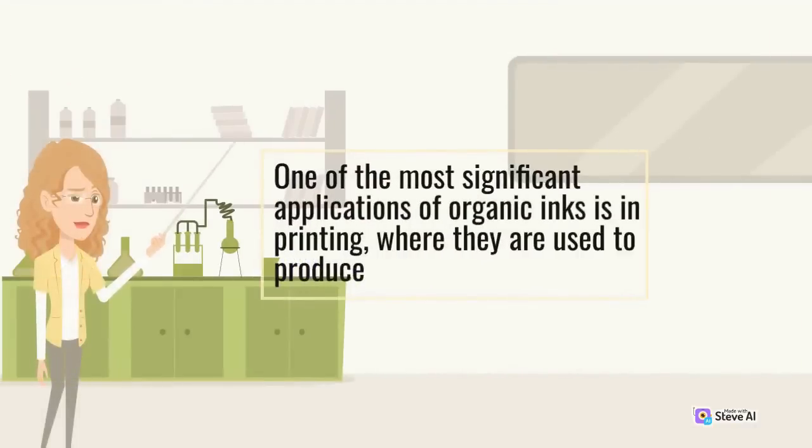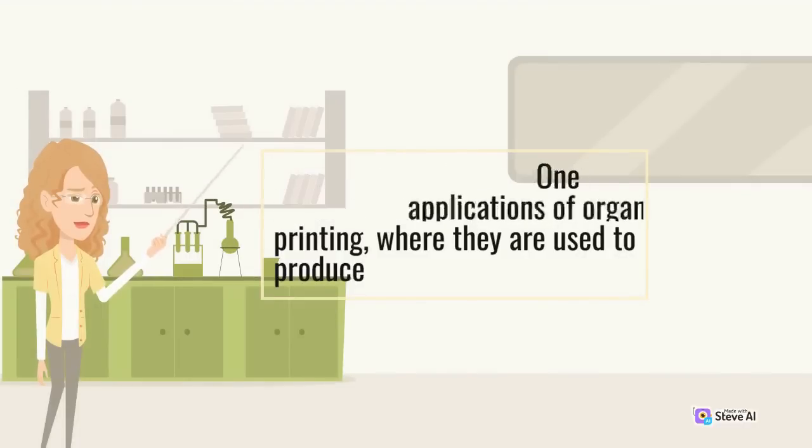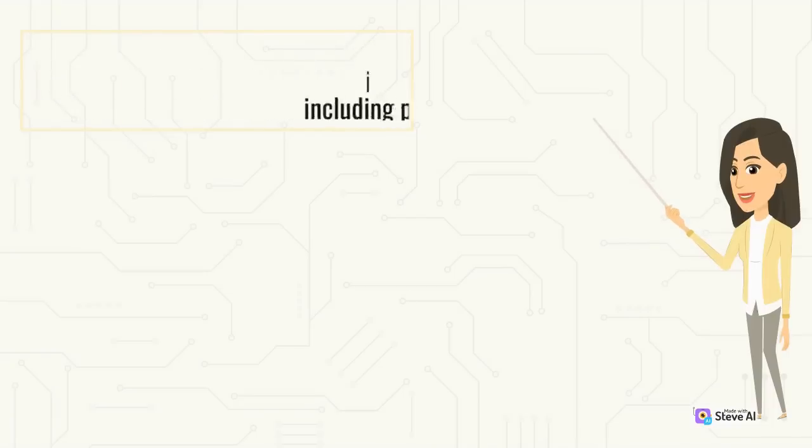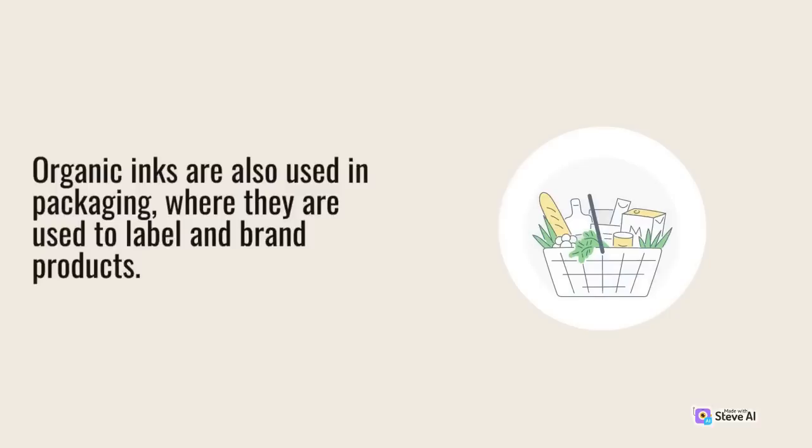One of the most significant applications of organic inks is in printing, where they are used to produce high-quality and visually appealing images on a variety of substrates, including paper, plastics, and textiles. Organic inks are also used in packaging, where they are used to label and brand products.